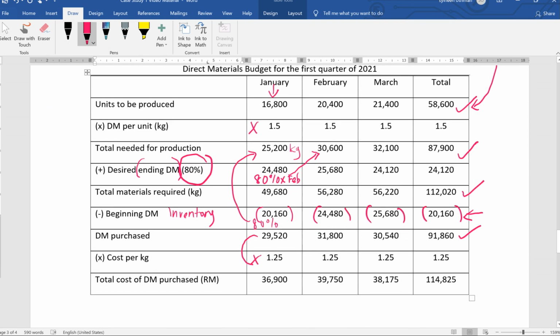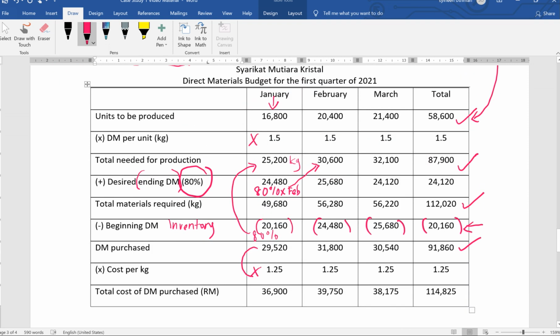And then total cost of direct material purchase, which we will add up. For those labelled per unit and per kg, don't add them up; you put the per unit and per kg value. And for the ending inventory, this is your ending inventory, and this is your beginning inventory.